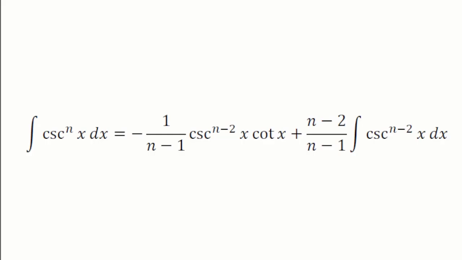And so on my computer screen over here, we have what's written down as the power reduction formula for a power of a cosecant. The formula says the integral of cosecant to some power n of x is equal to negative 1 over n minus 1 times cosecant to the n minus 2 power of x times cotangent, plus n minus 2 over n minus 1 as a coefficient, multiplied with another integral but of cosecant to the n minus 2 power of x dx.